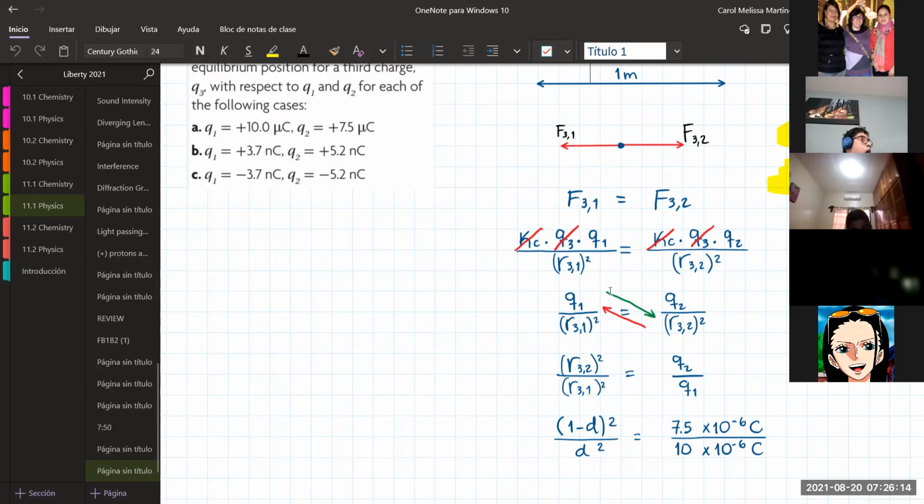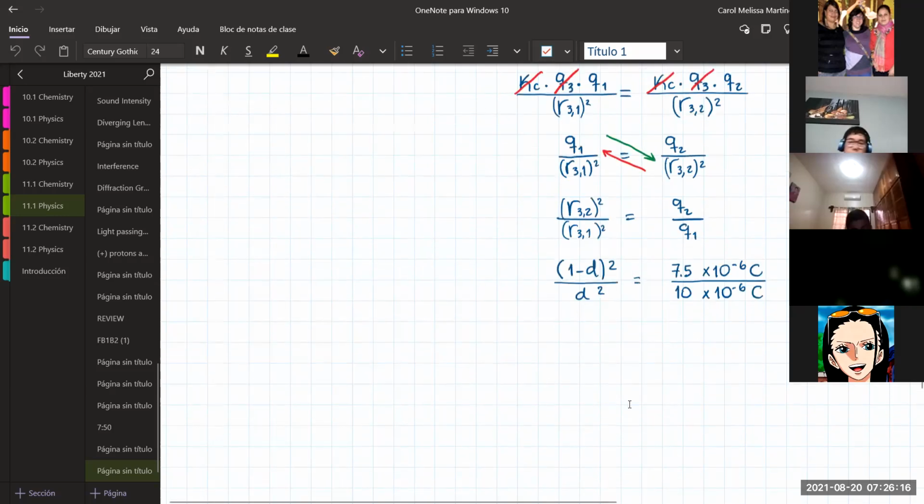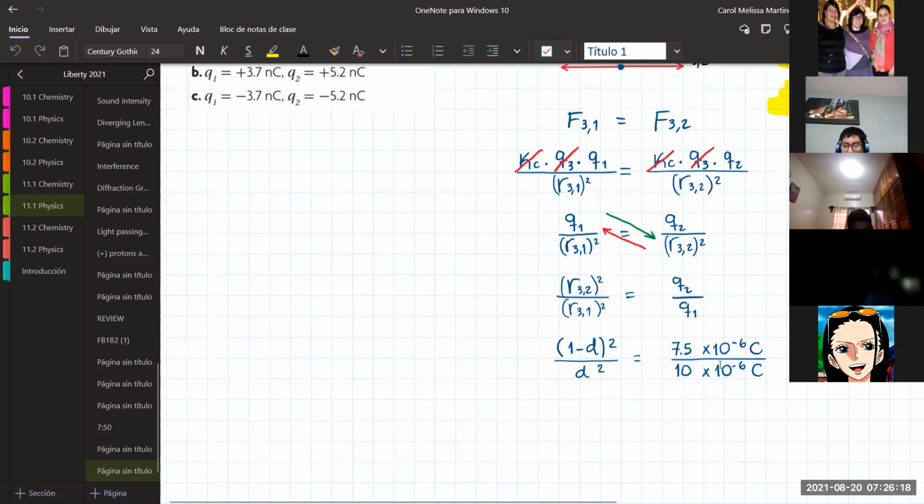Now, take a look at this part. This is the scientific notation part. The two are the exact same. Both are times 10 to the negative 6 power. And because they are being divided, they can be cancelled.